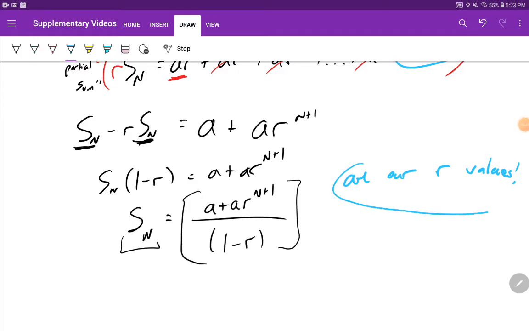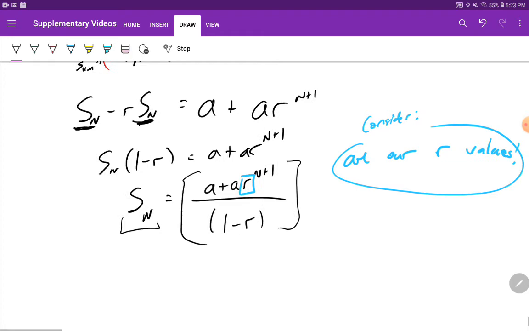You need to consider the R values here. What kind of R values make sense? If I let n go to infinity, if you think about it, because that's what you want to do. You want the capital N to go to infinity of this thing, a plus a r to the capital N plus 1 all over 1 minus r.